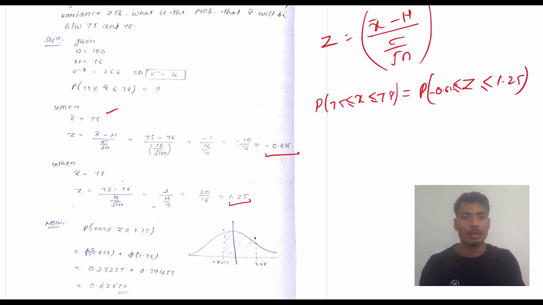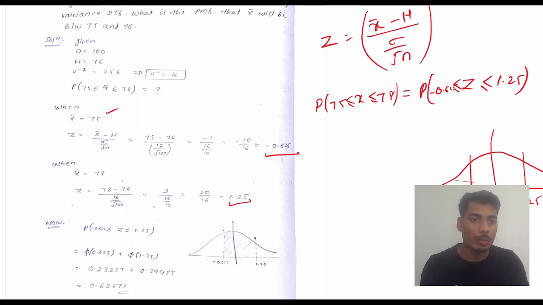Okay. Now for finding this, we know the bell-shaped curve. 1.25 is somewhere here, and minus 0.25 is here. So we have to find this area, which means we find this area plus this area.